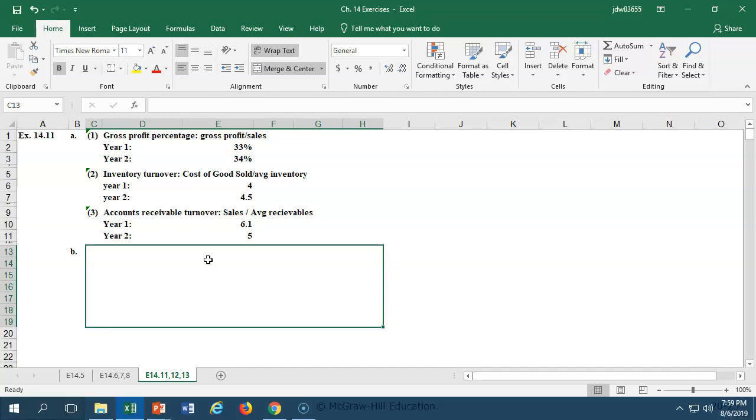Gross profit percent. I mean, it's trending up 1%. It's favorable. Let's see if there's anything else it mentions here.